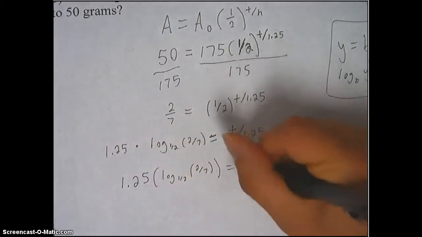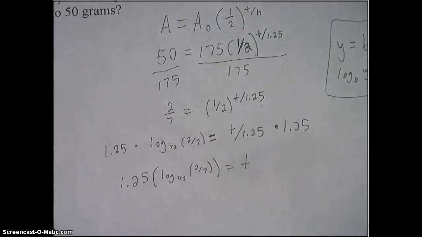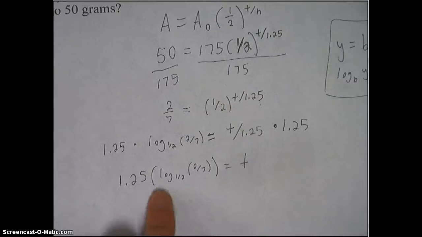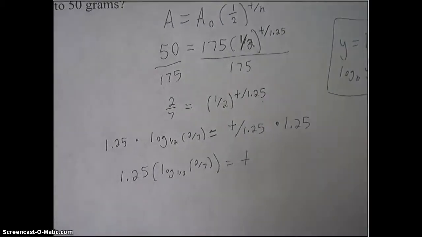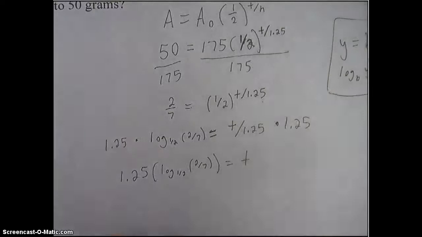And that equals t. But now we're going to need to do the little change of base formula in order to be able to type this in the calculator, because there's no log base 1/2 button on your calculator. You got to do the change of base.